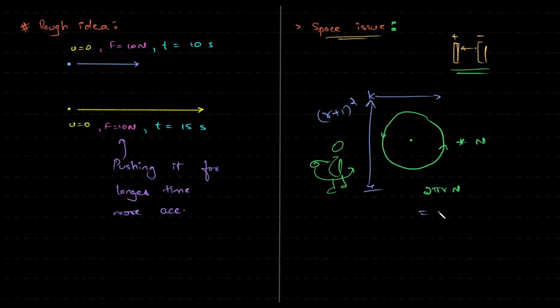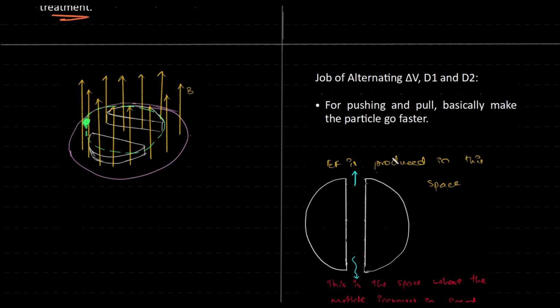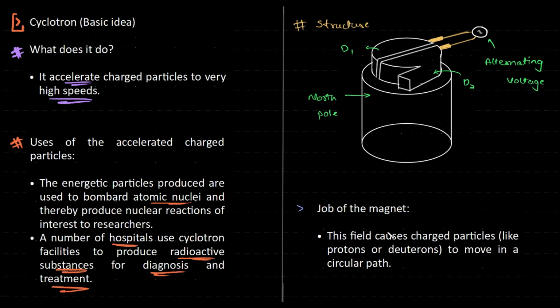So this leads to longer distance, right? By making something go circular and then allowing it to gain velocity, get accelerated. So that's the role of a magnet, to make it take a circular path.